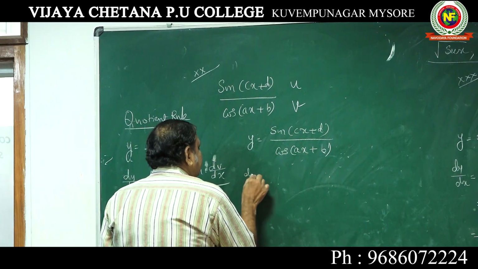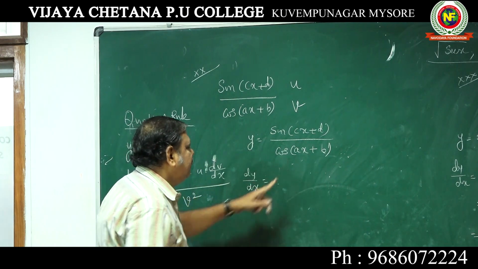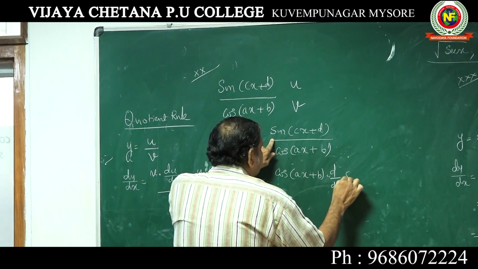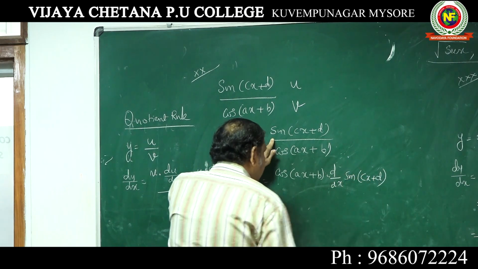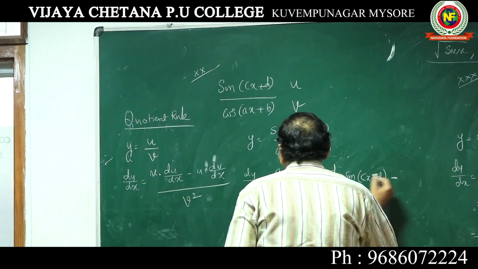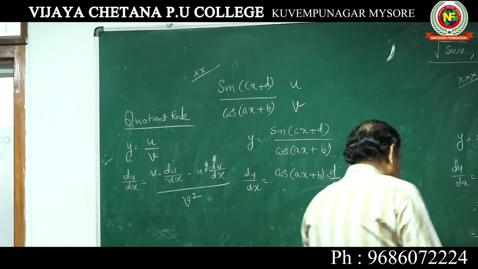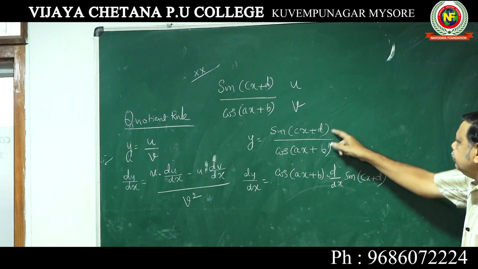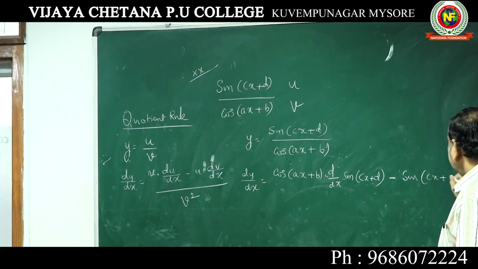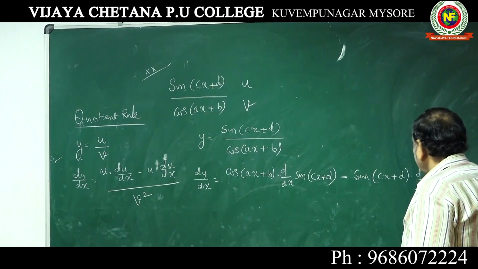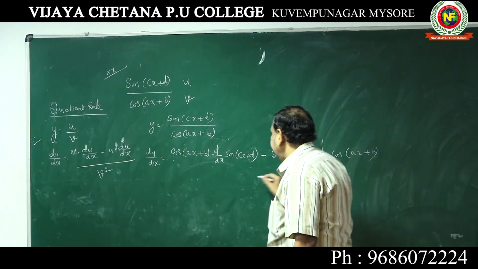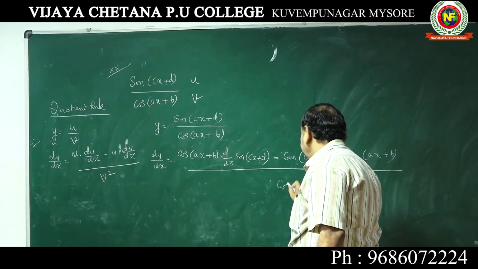Now dy by dx is equal to v, this function, cos(ax + b), into d by dx of this one, sin(cx + d), v into du by dx minus u, into sin(cx + d) into d by dx of cos(ax + b), this into d by dx of this minus this into d by dx of this, by v square, cos square(ax + b).